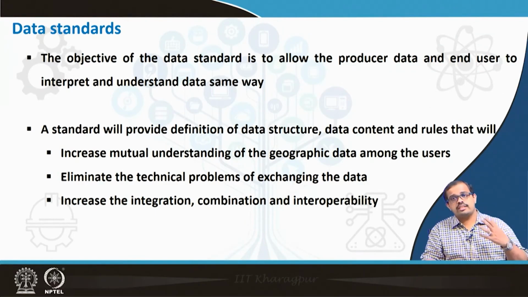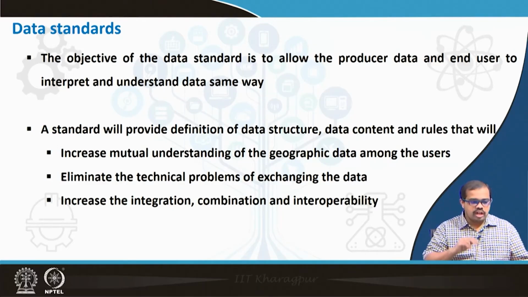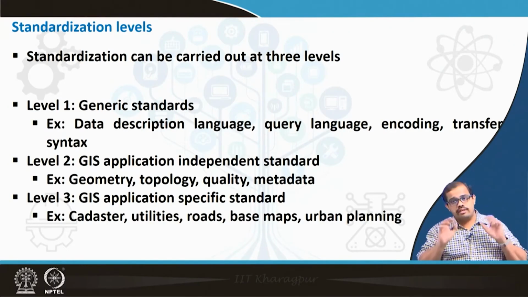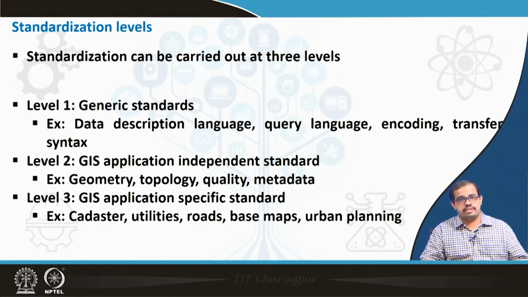So, these are the three main things that you look at when you are standardizing the data: one is the data structure, data content and interoperability. Now, once you have done that, you may ask me, what are the different levels of standardization? How do you do a standardization? The first standardization level is a generic standardization, which most of them can easily do without much of an issue.